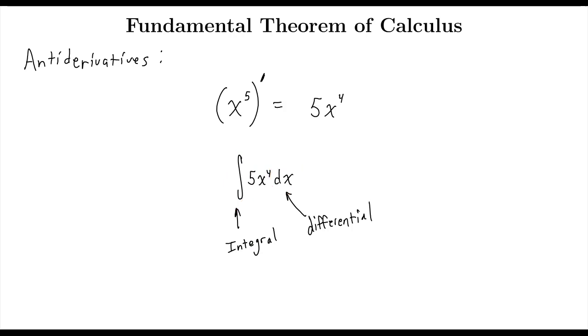So how do I find the antiderivative? For something like this, we just do the opposite of what we did to find the derivative. Let me write down the steps, maybe that'll help us see it. To find the derivative, the first thing I did was bring the exponent down, or multiply by that exponent.